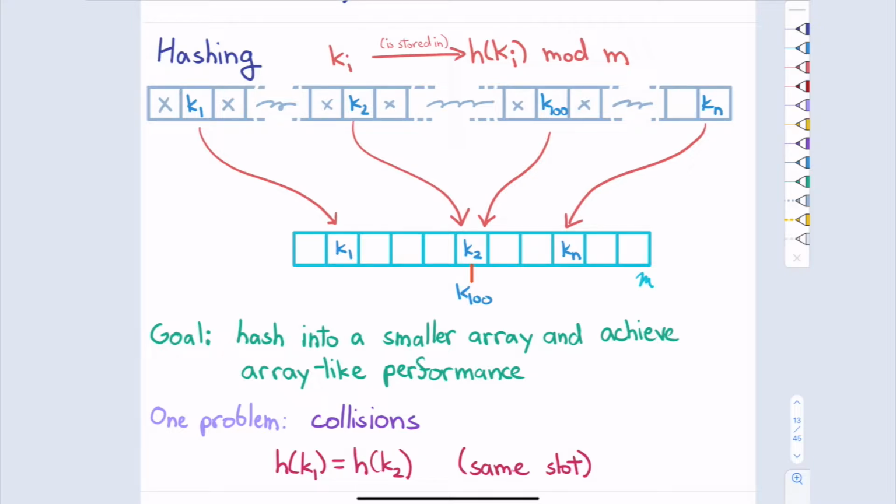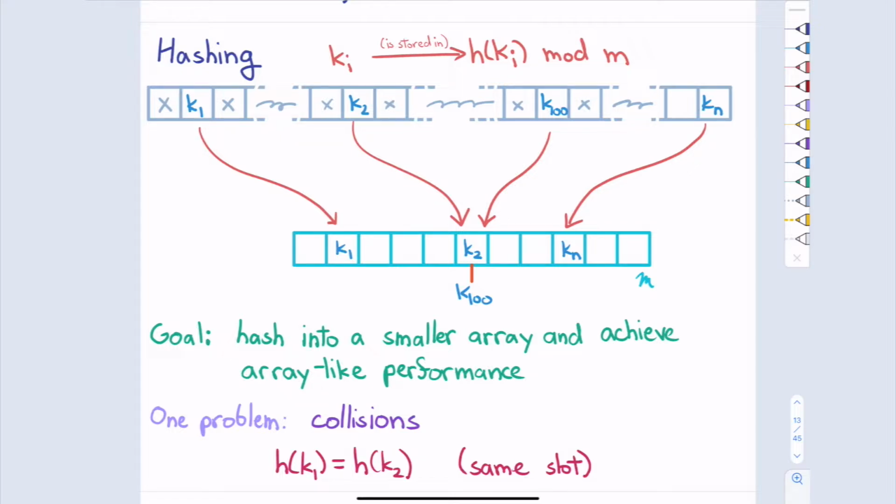The nice thing is that M is potentially much smaller, much more modest, much more reasonable. But to figure out where to put the key, I'm just evaluating the hash, which hopefully is constant time. So it's almost like you're getting array-like performance overall.